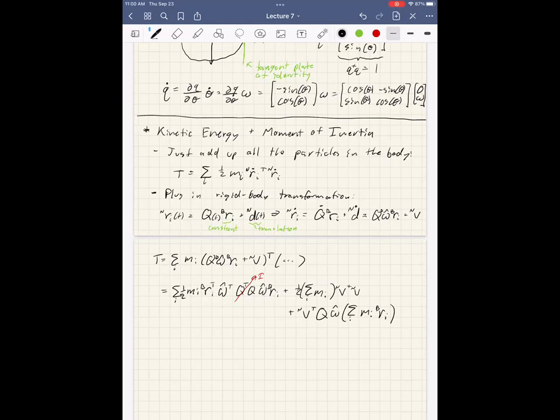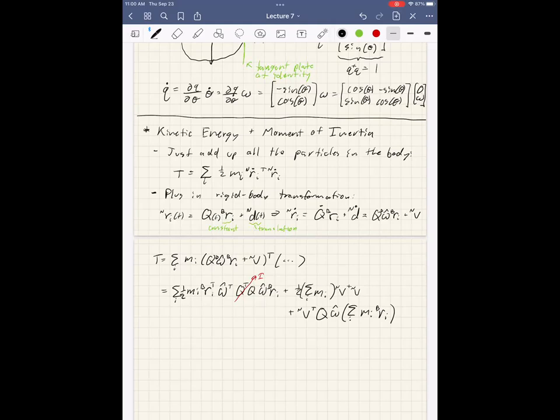Okay, so what we're gonna do now is play a little trick. What is this thing? Think about statistics. It's basically like a weighted mean, right?